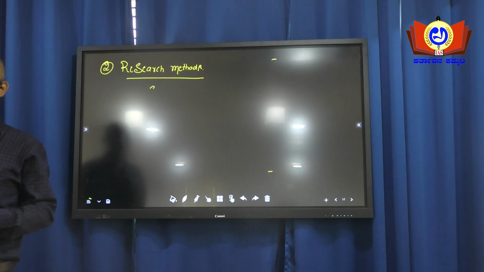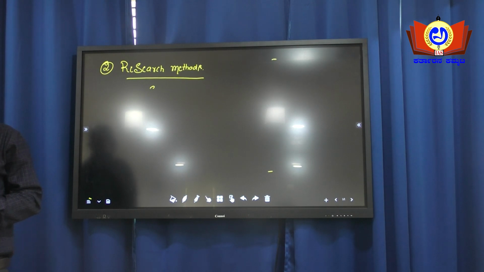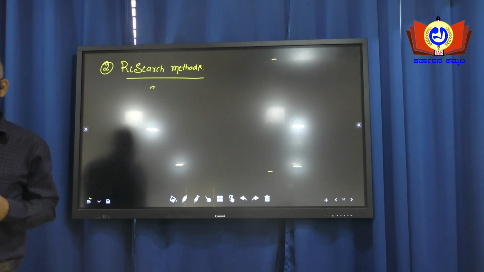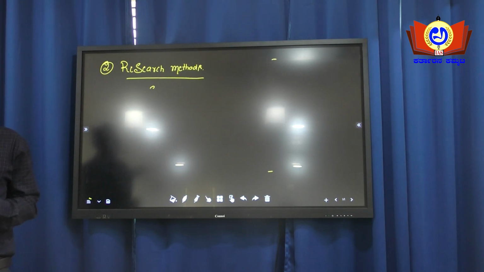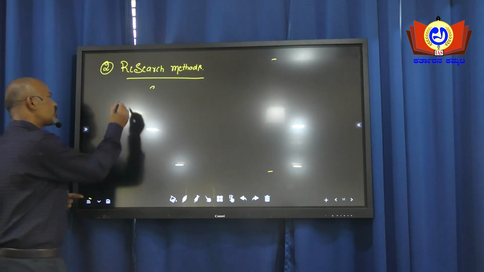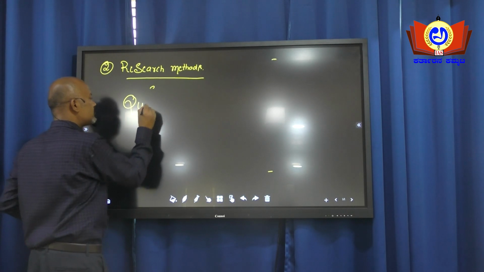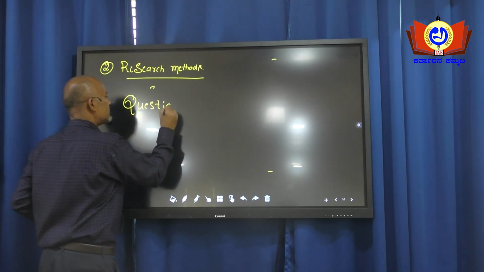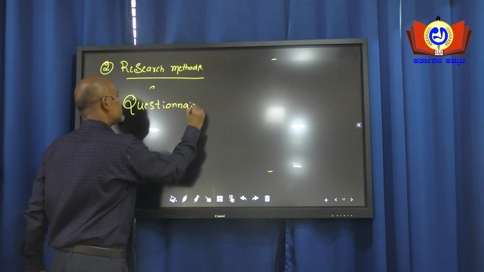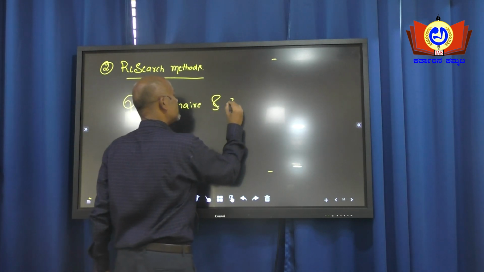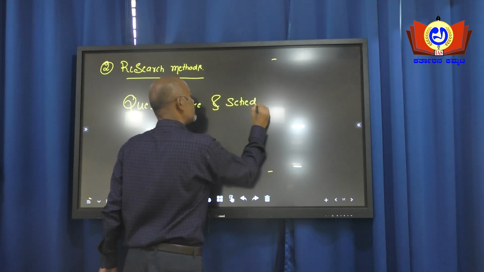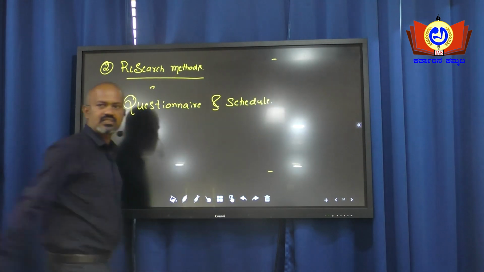Whatever experiment they are conducting, based on that you have to give the responses. But the response is of two types. One is oral response and one is written response. If it is a written response, it is a questionnaire, and if it is an oral response, it is a schedule. The topic is questionnaire and schedule. You got the difference?